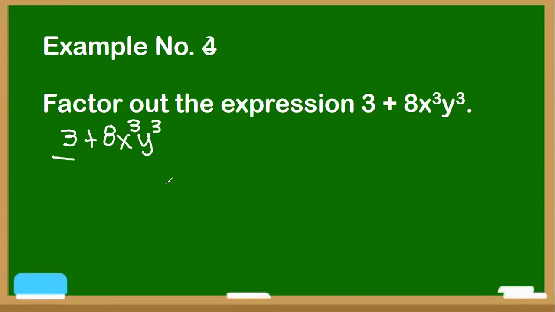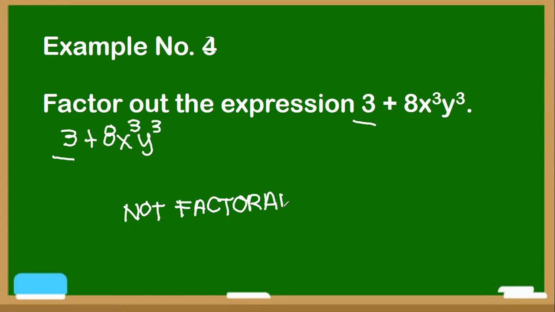In this case, since you're given 3 only, it is insufficient for you to factor out, although we can factor out the last term. So this is simply not factorable. It happens sometimes that your given cannot be factored out.